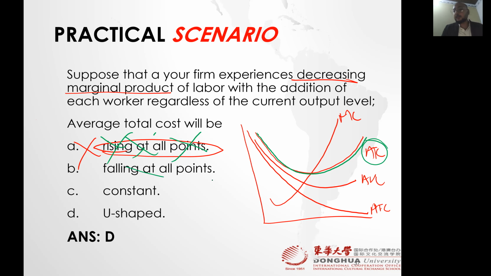B can never be the answer. Does it remain constant? No. At all points it first decreases, then stays the same a little bit, and then starts rising. So A and B can never be the answer. Then C can never be the answer because it's not constant. The only option is D. Oliver, understand now? Marco? Nicholas? Yes, sir.